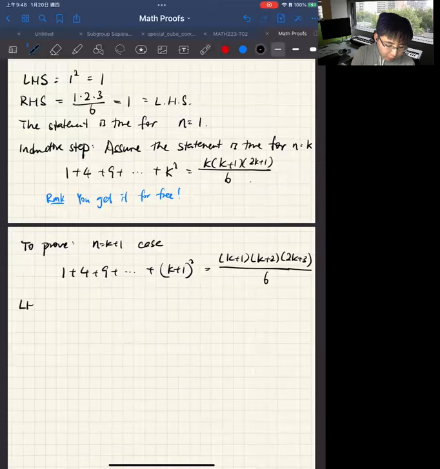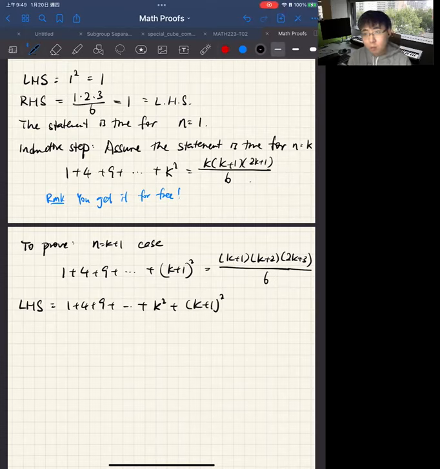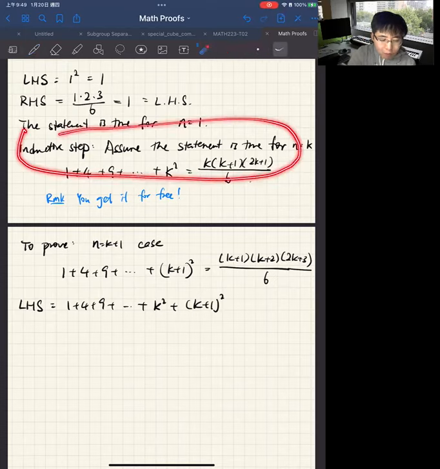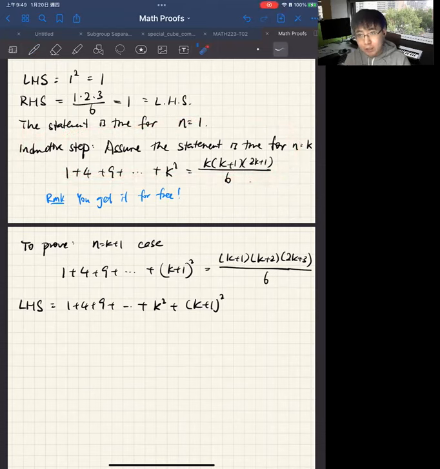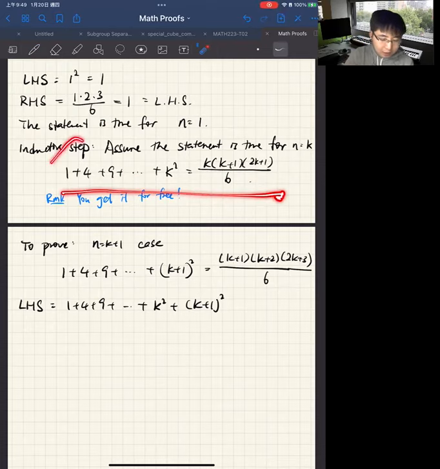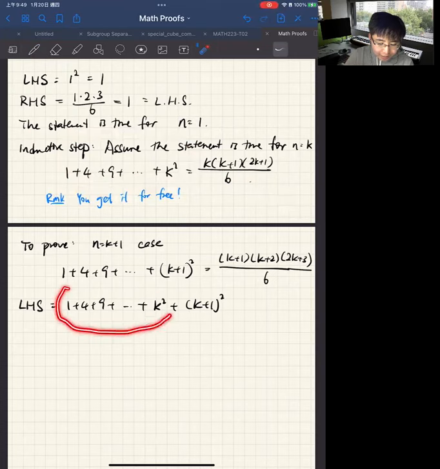Okay, so we start from LHS. You know, it's 1 plus 4 plus 9 plus ... I will write down the k squared in this step. Why? When we want to use mathematical induction, this step is very useful, right? And indeed, it's very useful, since you can see the left-hand side is exactly the same as here.